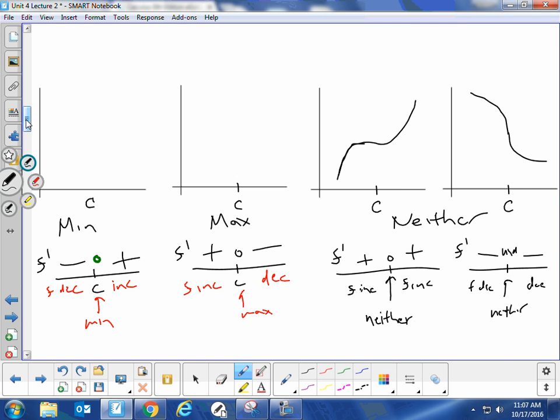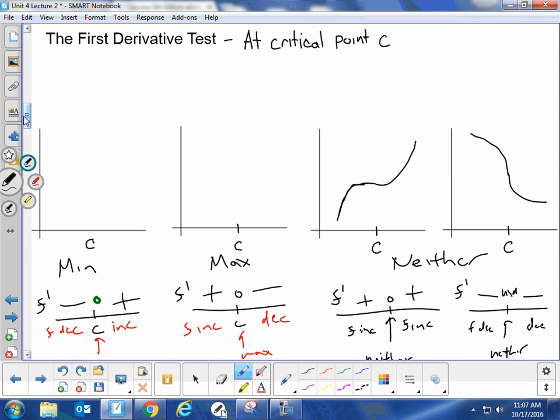Okay? So this whole process is called the first derivative test. It just tells us that if the sign of our derivative changes, we will have a max or a min. If the sign of our derivative does not change around a critical point, we will not have a max or a min.